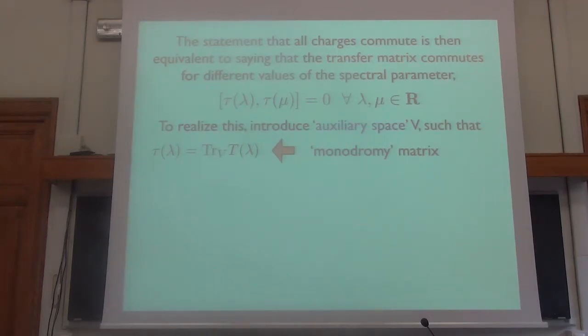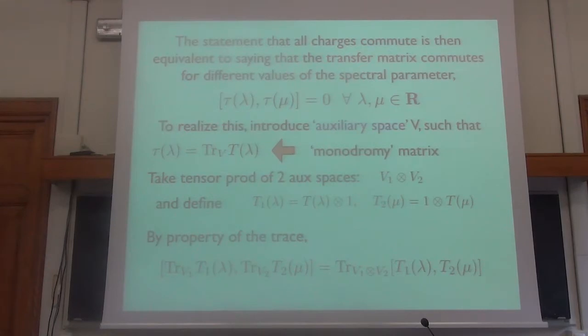Okay? And now the statement that the transfer matrices commute becomes equivalent to the statement that this identity is fulfilled. If you take a tensor product of two of these auxiliary spaces, you define these objects here. So this is now an equation in Hilbert tensor auxiliary tensor auxiliary.